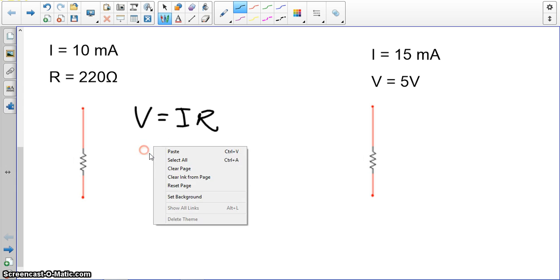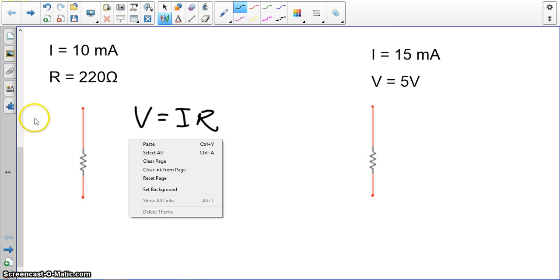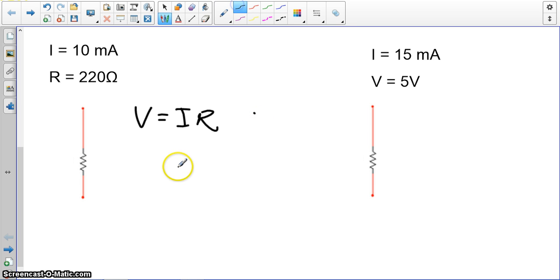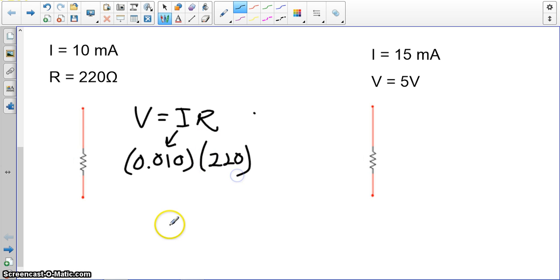So V equals IR. I is 10 milliamps. I got to convert, and I'll do it quickly in my head. So I is 10 milliamps, 0.010 amps, times 220.